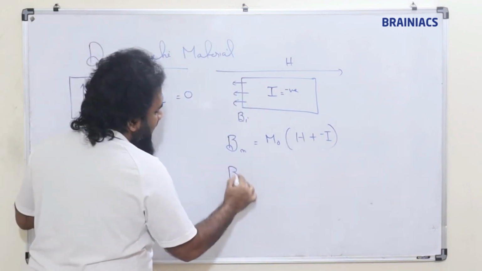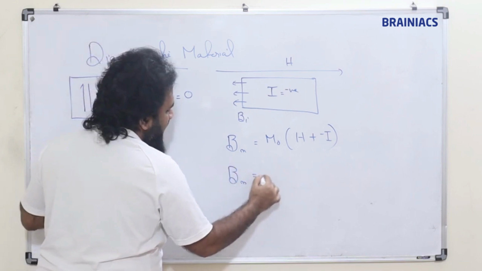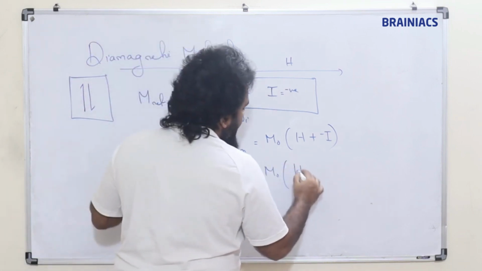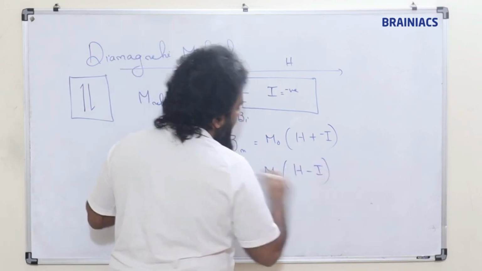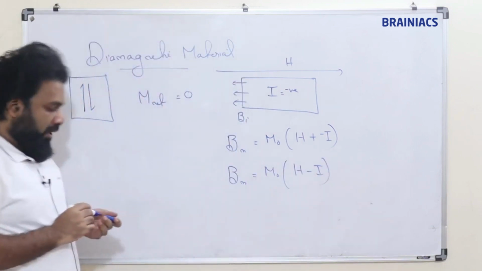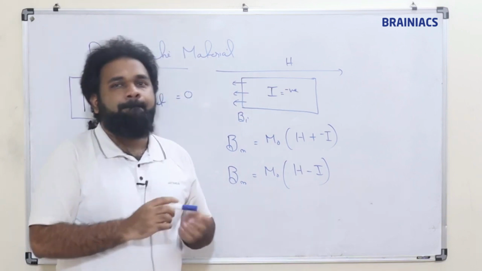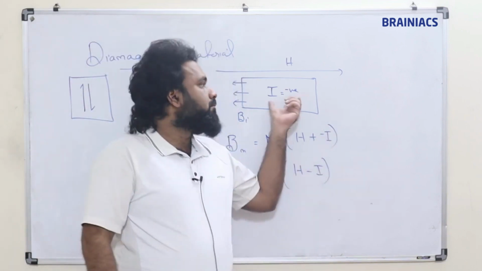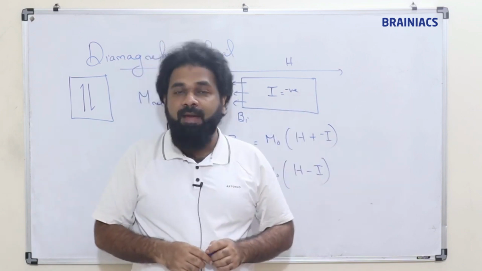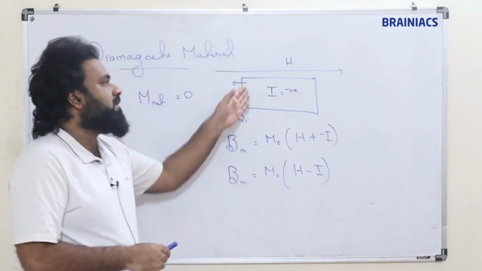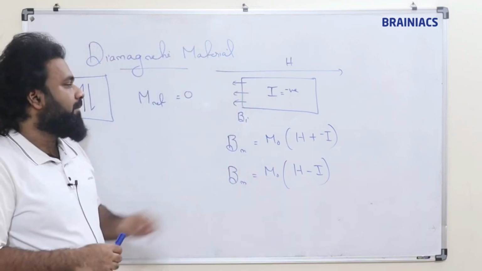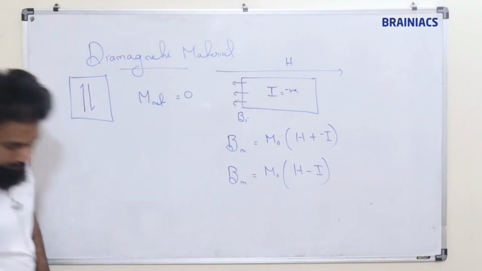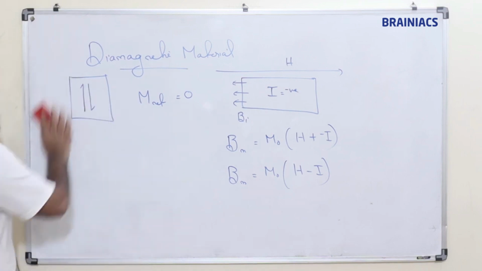So we can say that the net magnetic field in a diamagnetic material will be H minus I. Clear? So there will be a small repulsion in these diamagnetic substances just because of induced magnetic field. Is it clear? Please note it down.